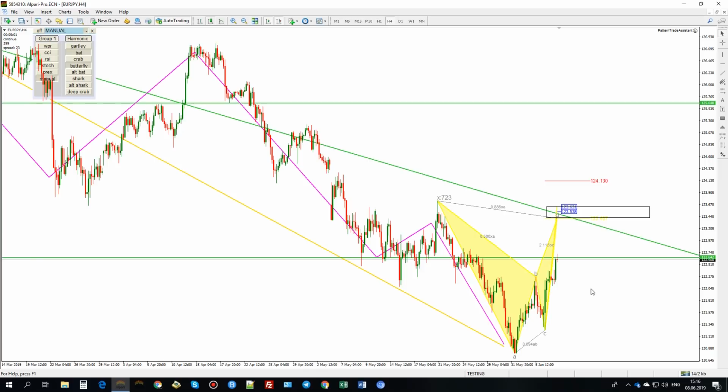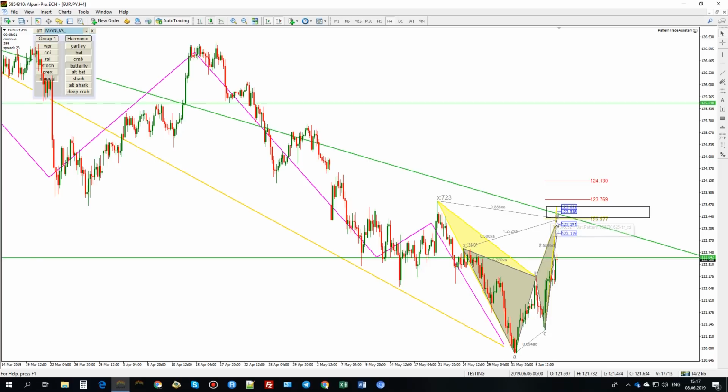Okay, then let me show you a second harmonic pattern, which right now on this chart is a butterfly formation. So let me draw this harmonic butterfly pattern, and it looks this way.